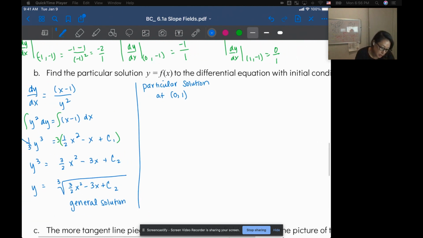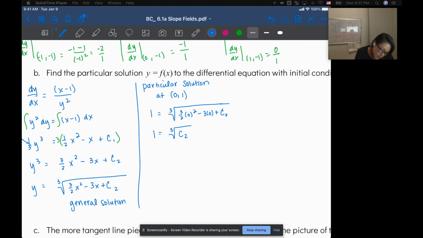So we're going to do, 1 is equal to the cube root of 3/2 times 0 squared minus 3 times 0 plus c, or c2. So I get 1 is equal to the cube root of c2.